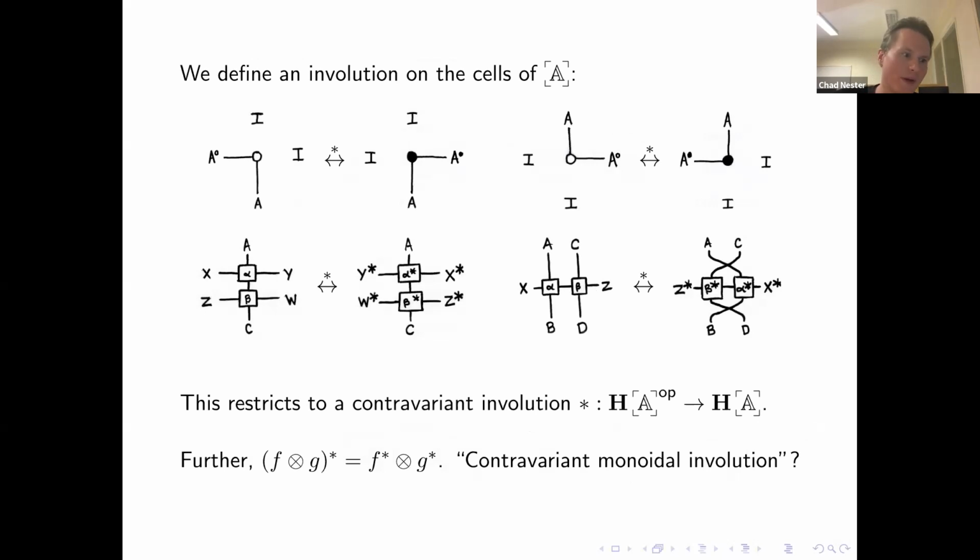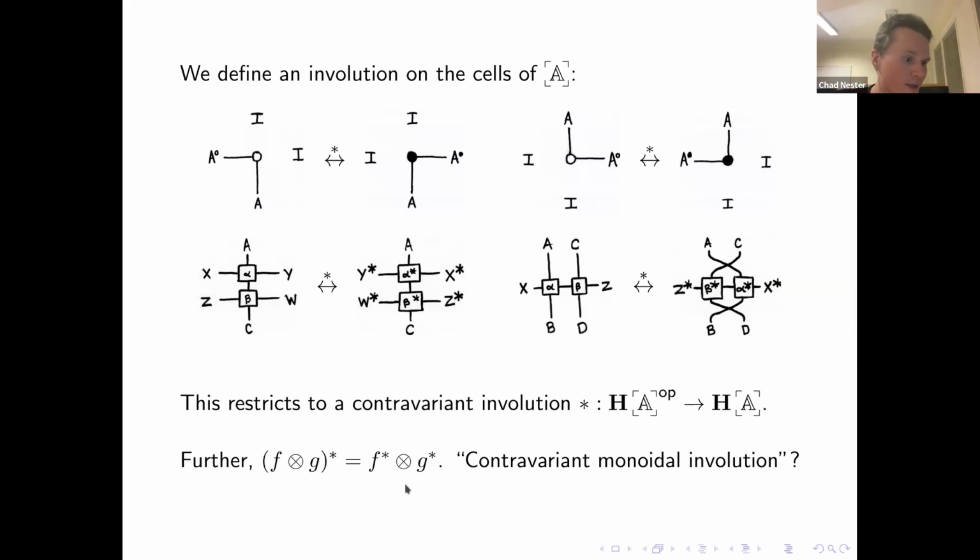Other interesting structure on the category of horizontal cells is that there's an involution. So I can define this involutive operation on the cells of A, where I take the mirror image of all of the corners, take the mirror image pointwise of vertical composites and flip horizontal composites, introducing a swap here to keep things sensible. And when I restrict this to the horizontal cells, this gives me a contravariant involution on that category.